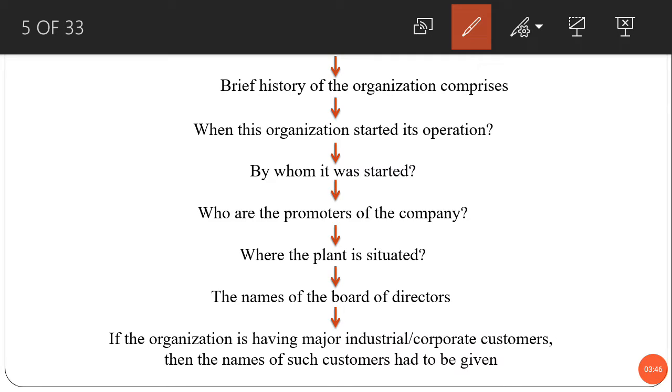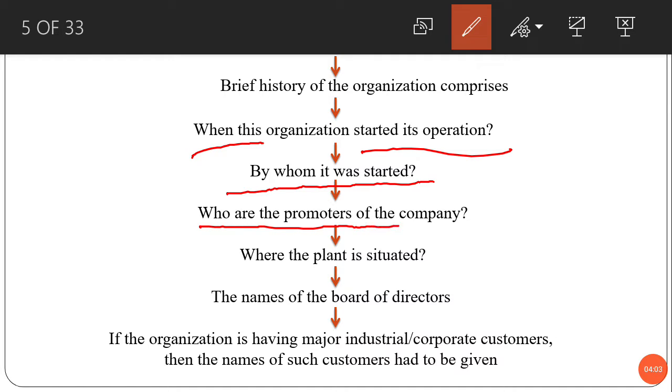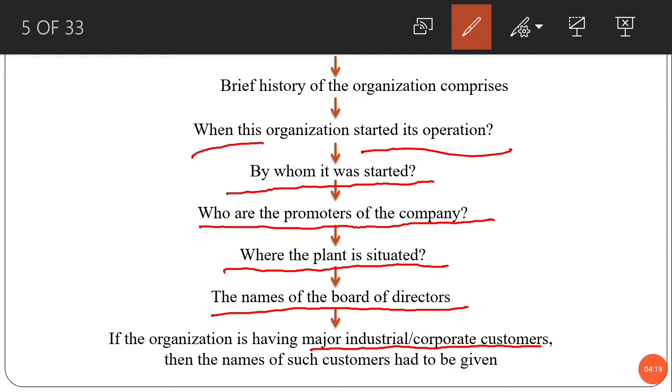Brief history of the organization comprises when this organization started its operation, by whom it was started, who are the promoters of the company, where the plant is situated, the names of the board of directors, and if the organization has major industrial or corporate customers, then the names of such customers have to be given.